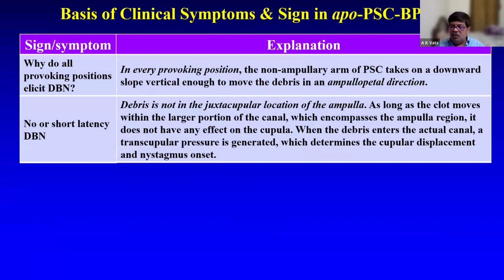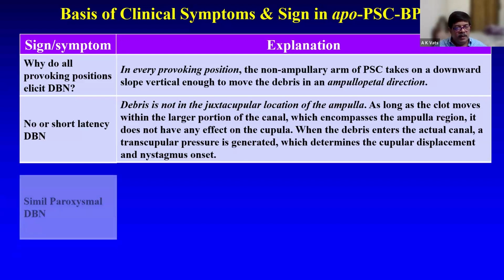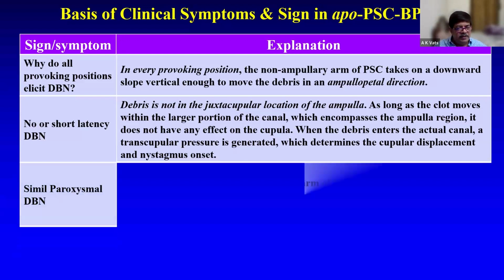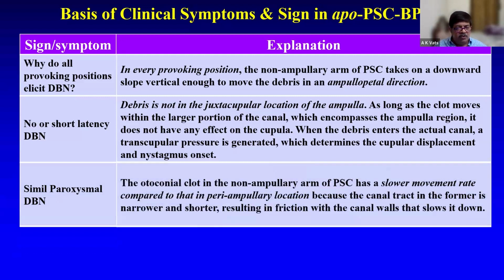As long as the otoconial clot moves within the larger portion of the canal, that is the ampulla, it does not have any effect on the cupula. When the debris enters the actual canal, a transcupular pressure is generated, which determines the cupular displacement and nystagmus onset. So here the otoconial debris is already in the canal, and so there is a very short latency or no latency at all.